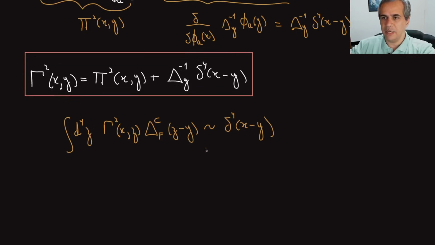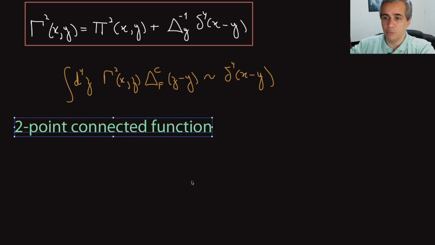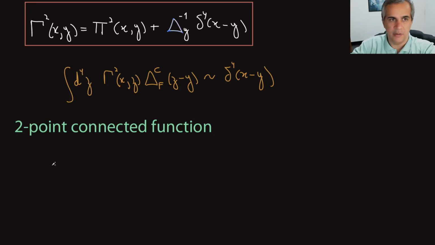In order to define this full propagator of my theory, I'll make use of the 2-point connected function. And the logic is this. We already know, for instance, for λφ^4, that the free theory propagator is this, but in λφ^4 you expect corrections that look like this, including 1PI diagrams.